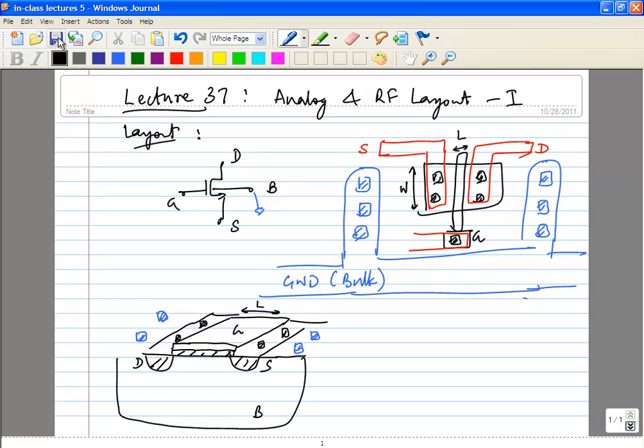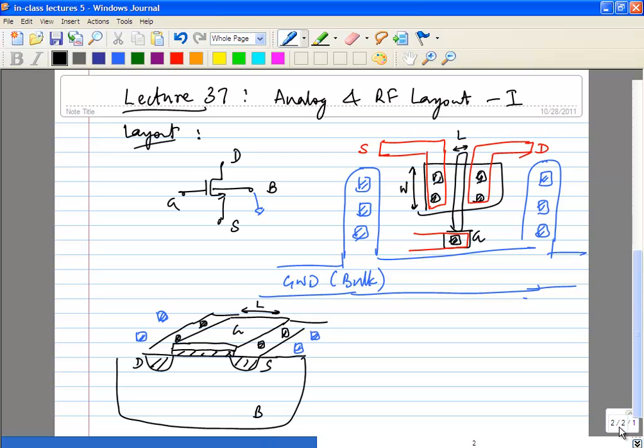So that's one of the primary reasons why you need to know how to do layout. Typically if you tape out a chip, you'll definitely learn how to do it, either from your own seniors or from your professor, from whoever. You'll typically be expected to know these things.